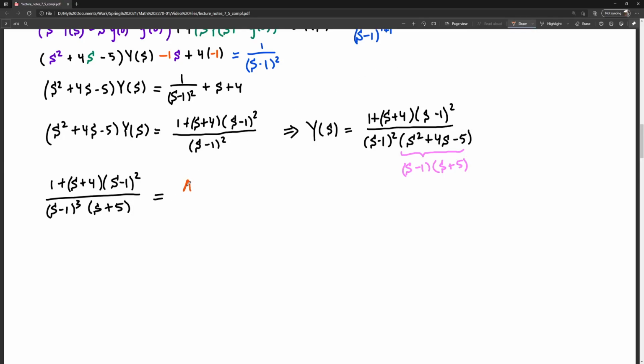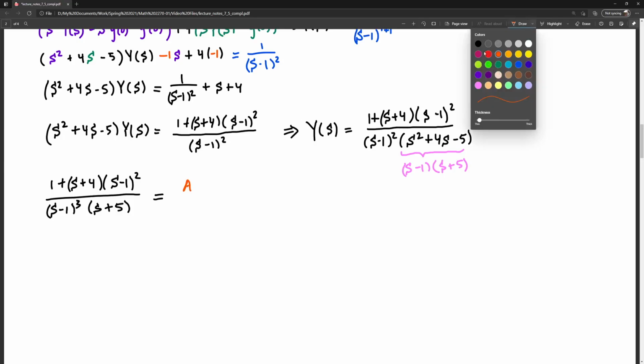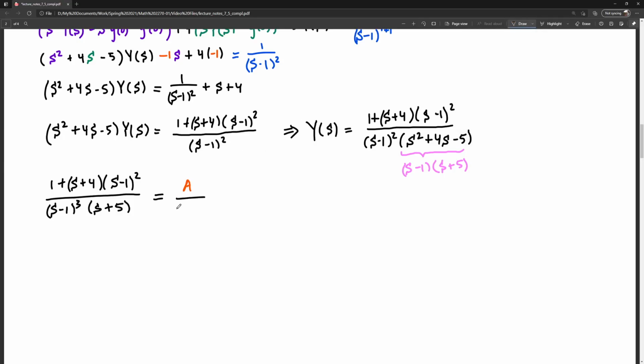It's going to be A over s minus 1 plus, since this has multiplicity 3, we're going to have all the powers up to 3 show up in the partial fraction decomposition.